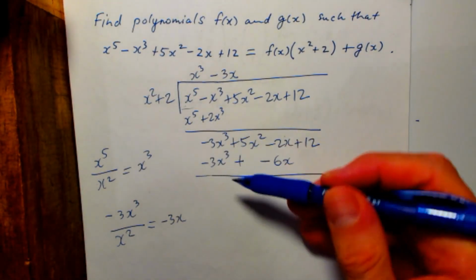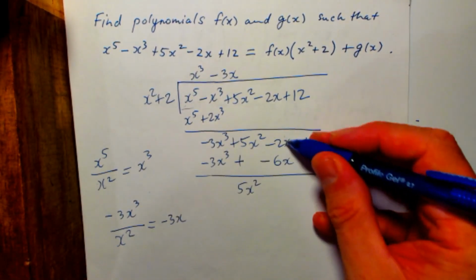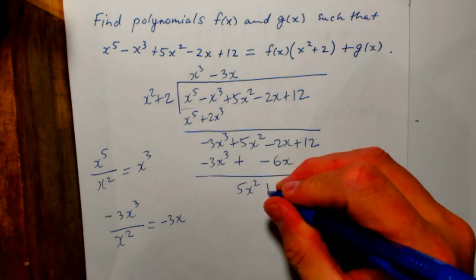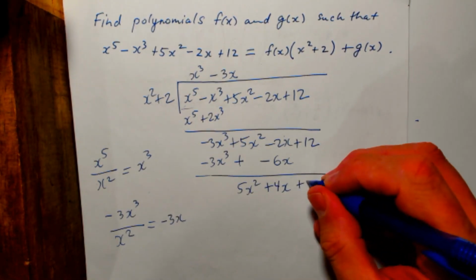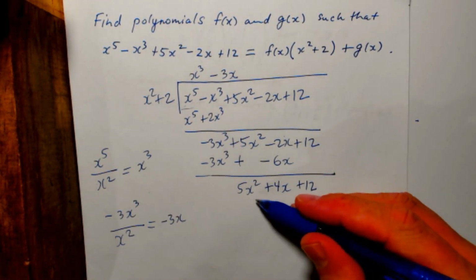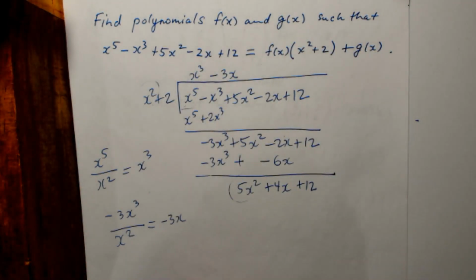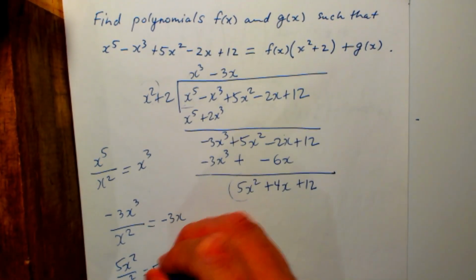Okay, so this difference here is 0. This difference is 5x squared. This difference is minus 2x minus minus 6x, which is 6x minus 2x, so 4x. And then 12 minus 0 is 12. Okay, again, this divided by our leading term over there: 5x squared divided by x squared is 5.